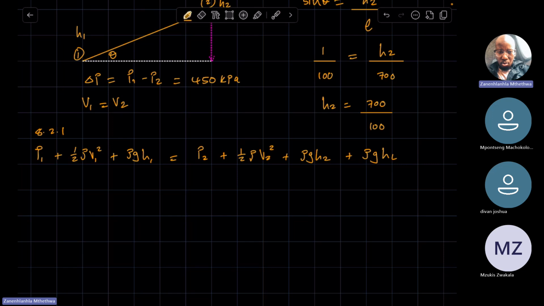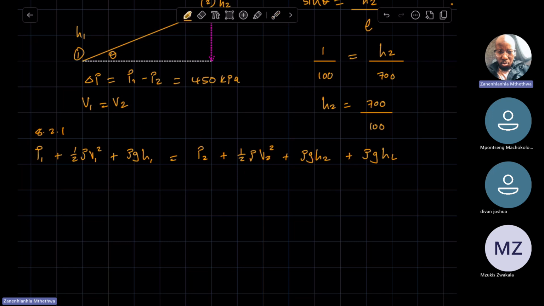So this is Bernoulli's equation that we are using. We are looking for HL, so now we have to manipulate this to make it sensible to calculate HL, making this term the subject of the formula. It means you have to transpose all of this to that side.